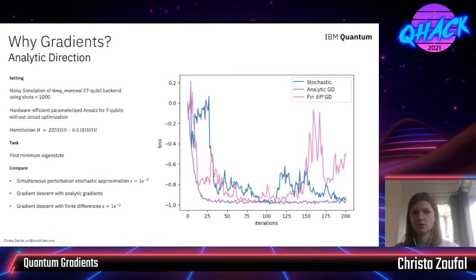I should still mention here that if we play around with the hyperparameters, so change the perturbation, or for example, do multiple runs and average over those approximate methods, then we could still get better and improve the whole technique. But I think what is very interesting to see here is that analytic gradient descent seems to be more robust than the approximated optimizers in this noisy setting.